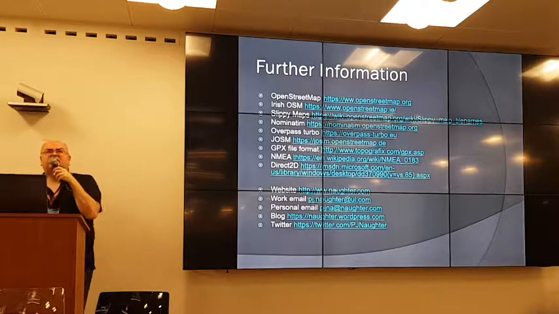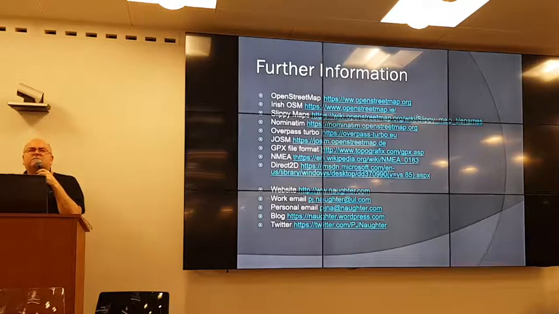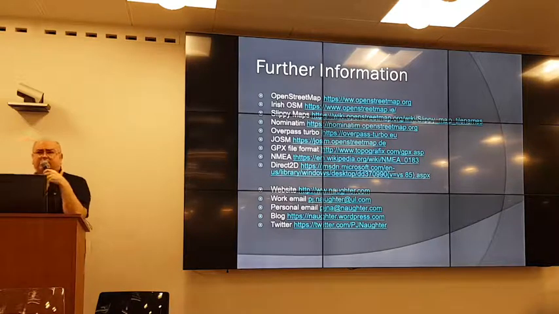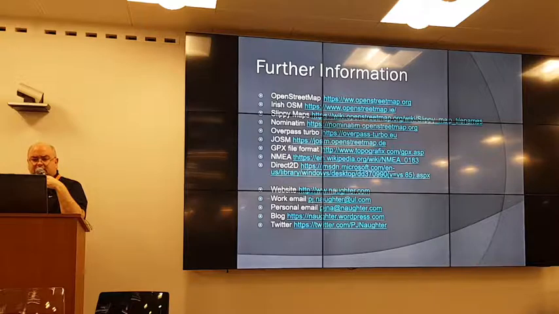And there's a few links to more stuff. So OpenStreetMap itself, the Irish OSM community, Slippy Maps and the wiki. Nominatim is the web API for doing geocoding. Overpass Turbo was the example of the graveyards in Dublin. JOSM is the editor.